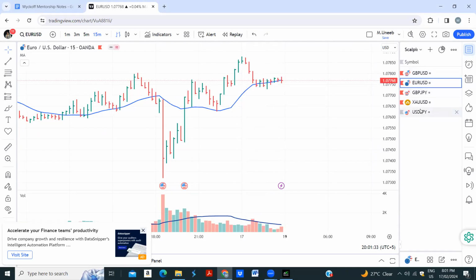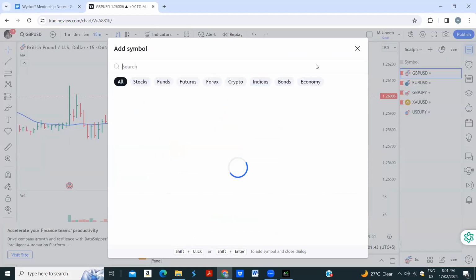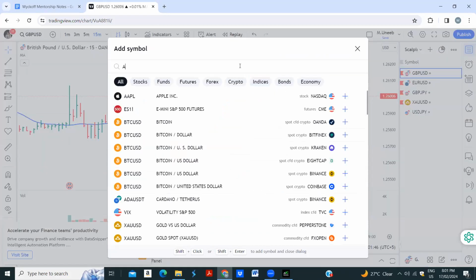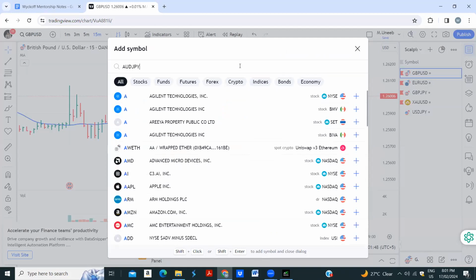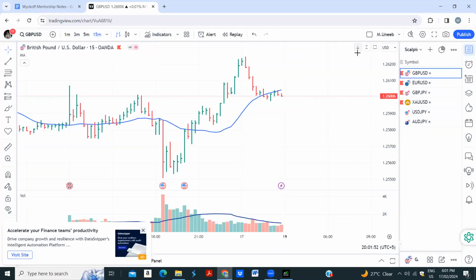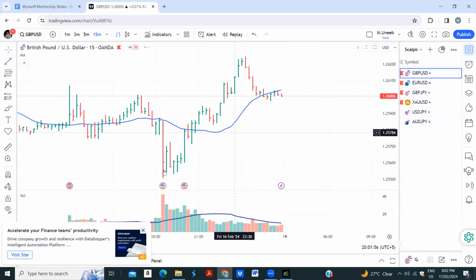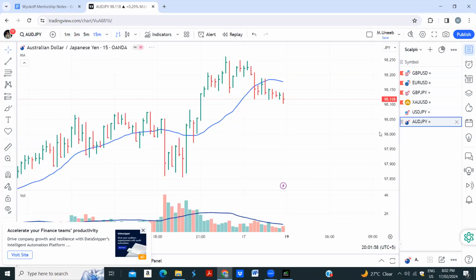Now comparing GBP USD with, let me add more, AUD JPY. Now GBP USD, you can see it's going up. AUD JPY is also going up, but there is no correlation here.